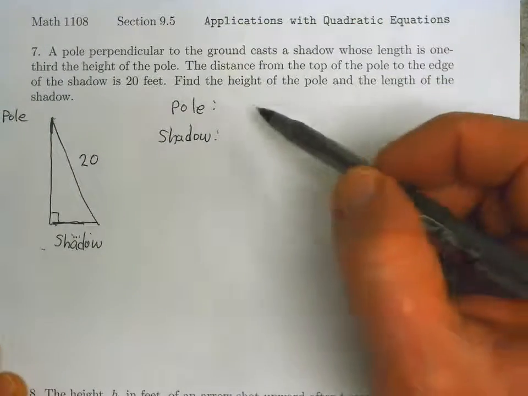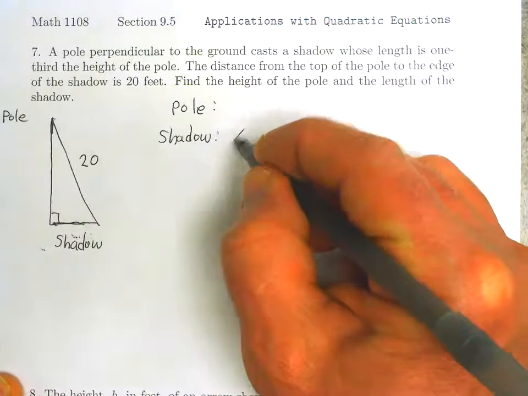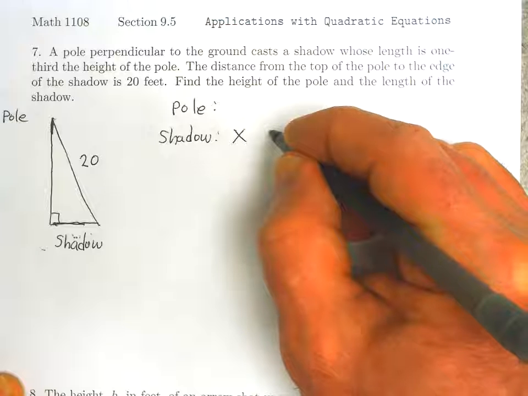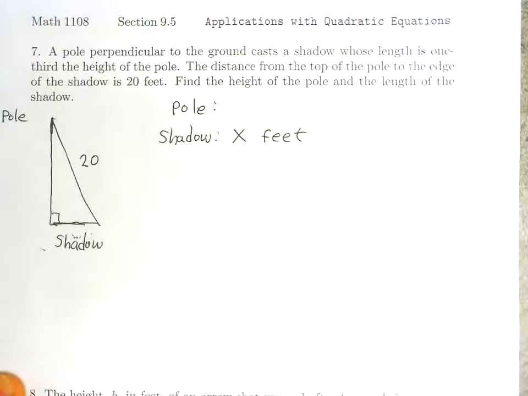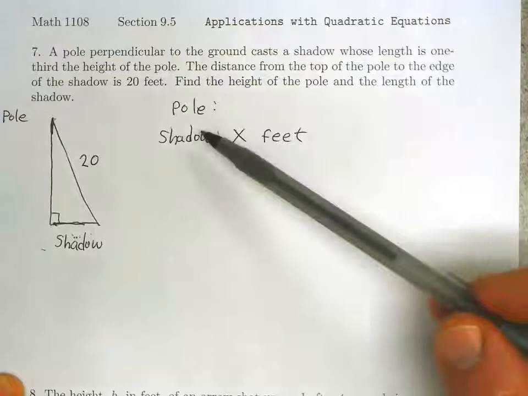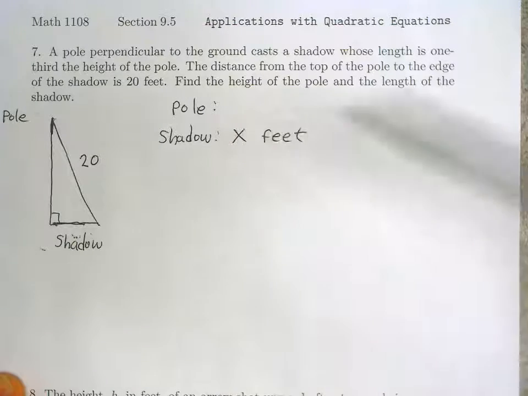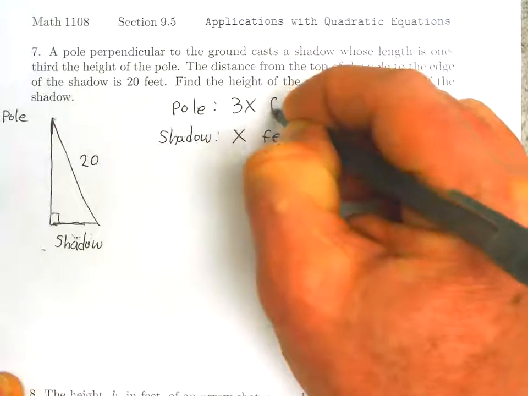But since the pole is 3 times the length of the shadow, if I just pick x to be the length of the shadow measured in feet, so the shadow is x feet. And the pole is 3 times longer because the shadow is 1/3 the height of the pole. So the pole is 3 times x feet.